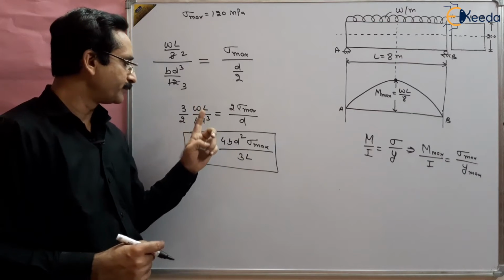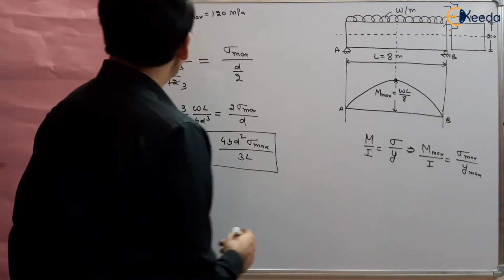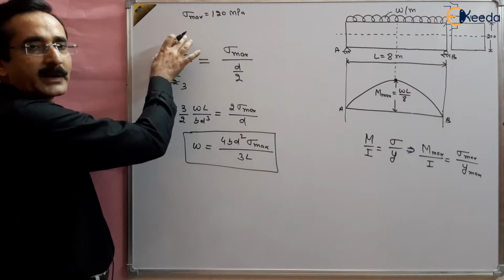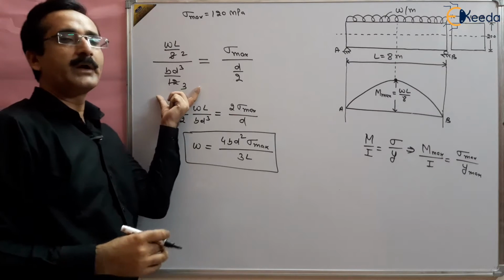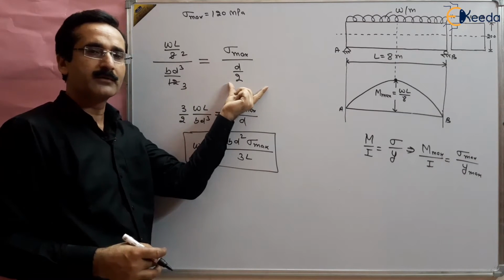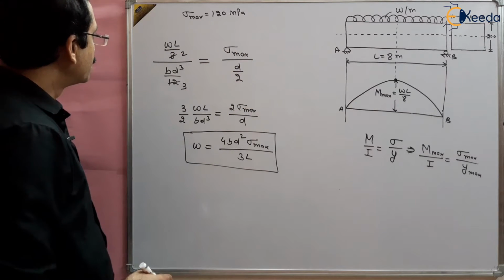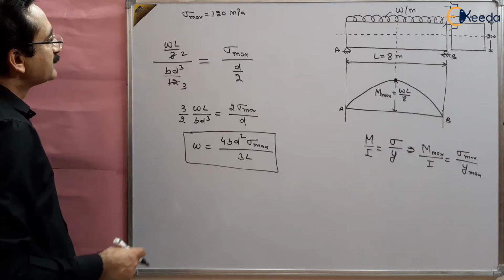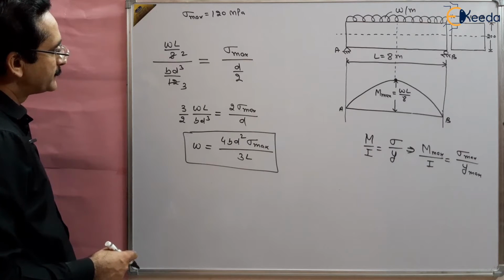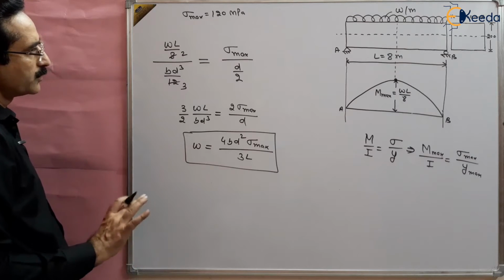So this is the W, the weight intensity of the UDL. WL by 8 is the maximum bending moment, BD cube by 12 is the moment of inertia, this is the distance of the extreme fiber from the neutral axis, and this is the maximum stress. So from here we can find out W. No mistake here, right?